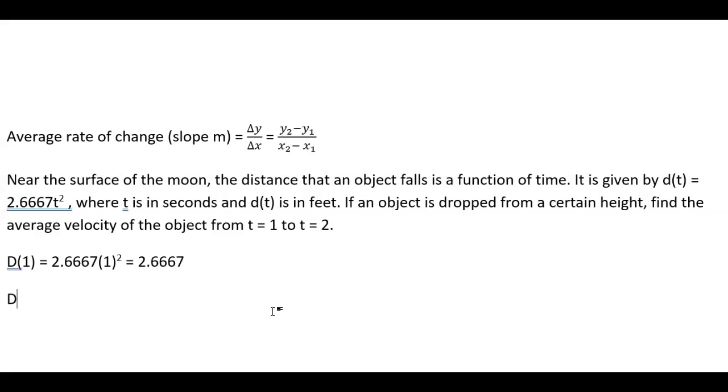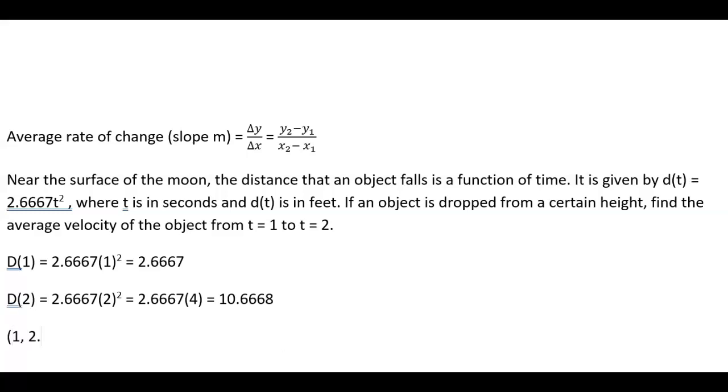Now let's put the 2 into our distance formula. 2.6667 times 2 squared, which is really 2.6667 times 4, and I'll put that into the calculator. All right, and that gives me 10.6668.